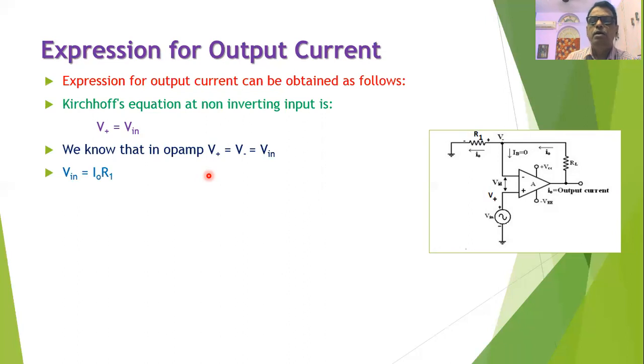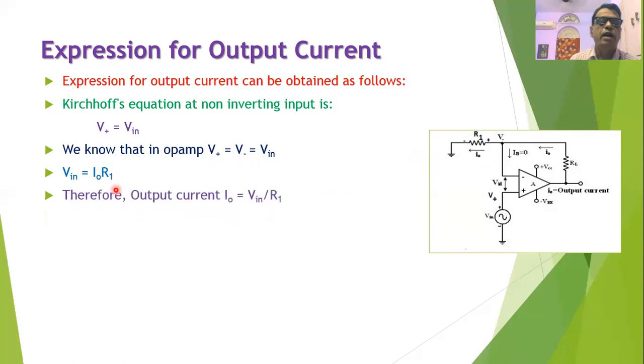V in is the voltage at non-inverting input, and this voltage is equal to the voltage at inverting input. But the voltage at inverting input can be given as the current multiplied by resistance, and therefore this voltage can be written as I0 into R1.